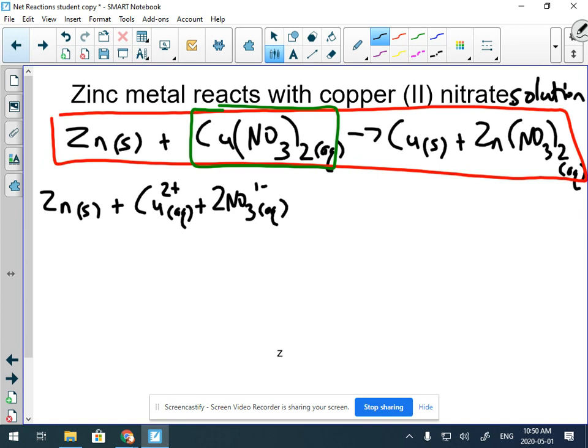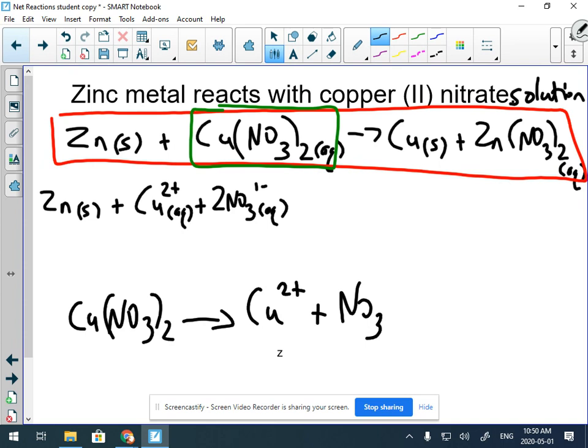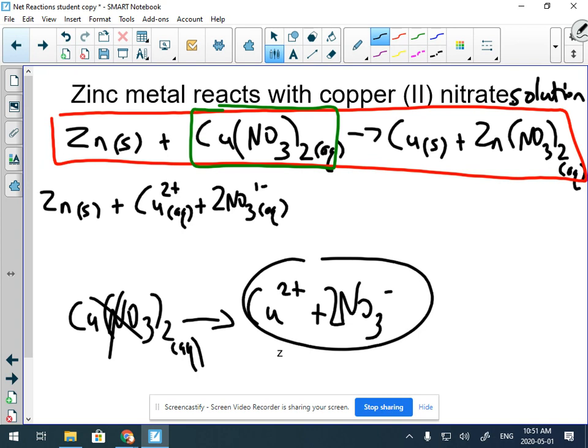Now, what we're doing here is exactly what we did before, where we showed how this substance breaks apart. This is really what that looks like. But we're just saying, okay, it's not actually this if it's aqueous. It's actually this when it's in solution. Okay.